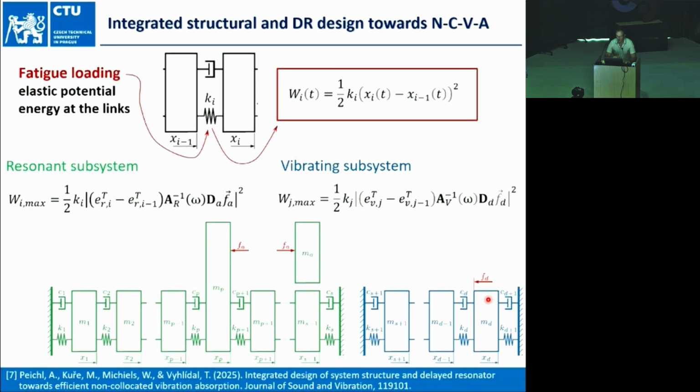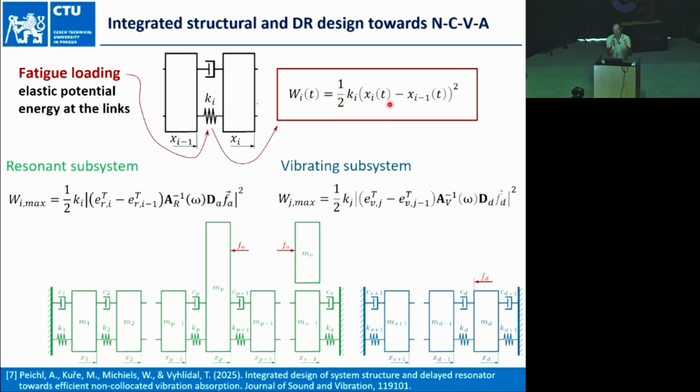Actually, what we want to analyze is the fatigue loading, so how the amplitudes change and how they can contribute to the fatigue. For quantifying it, we use the elastic potential energy for each of the links, which is given by this expression.